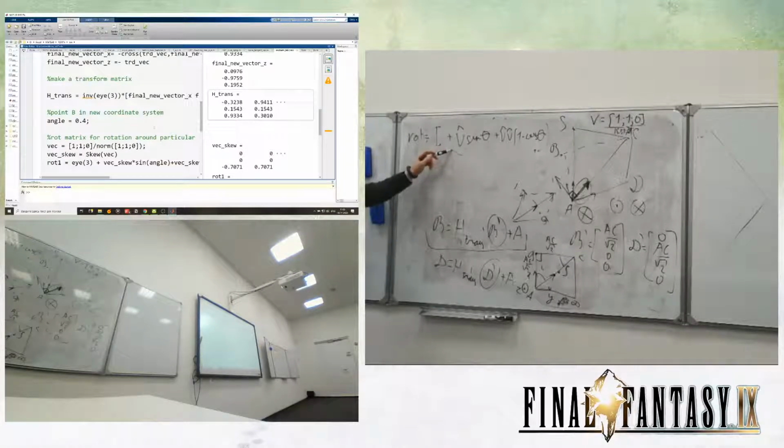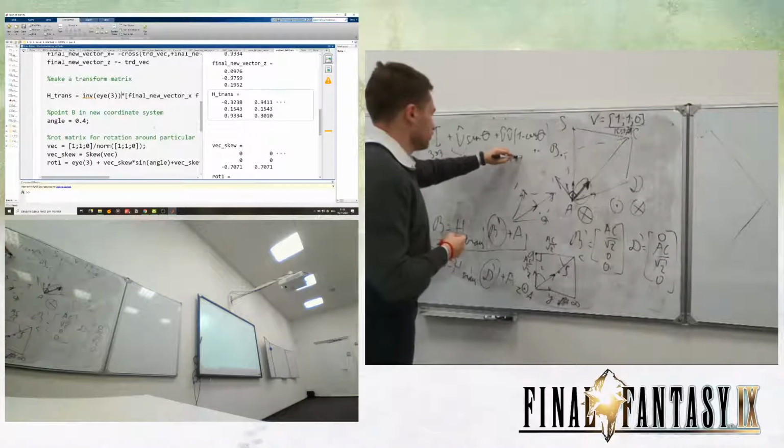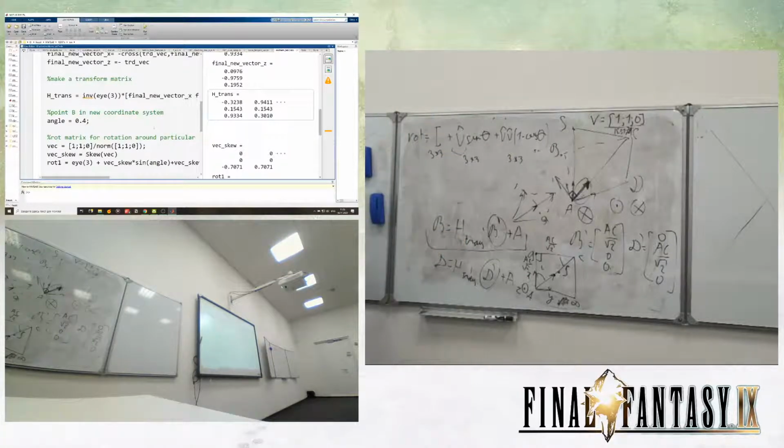What should be there? So what should be other, guys? Matrix. So it should be also 3 by 3, and this one 3 by 3. So we need to make what? Skew symmetric matrix. Yes, exactly.